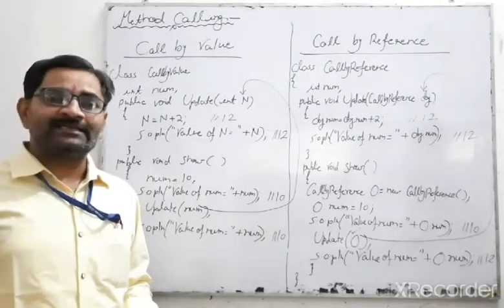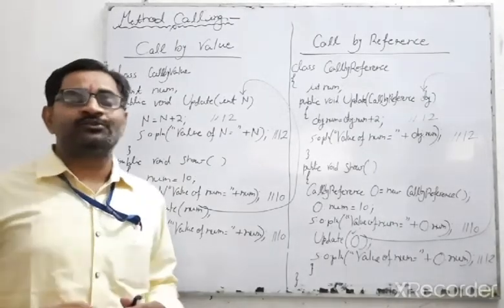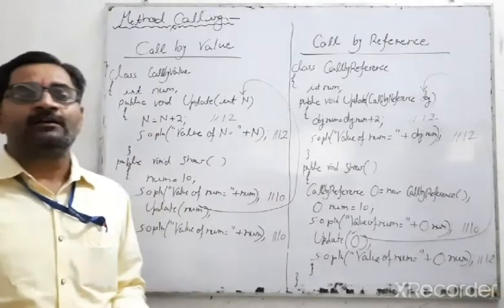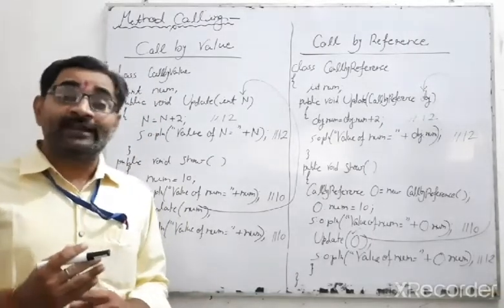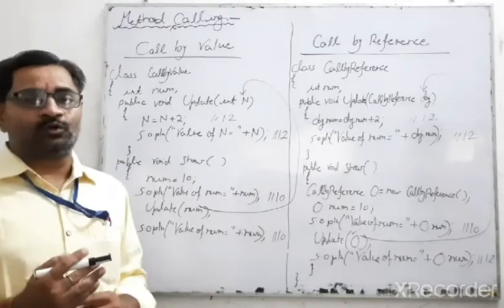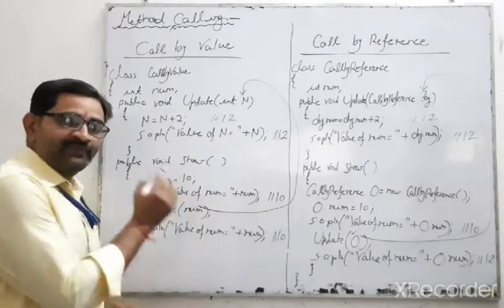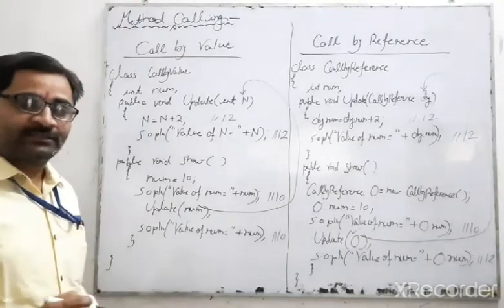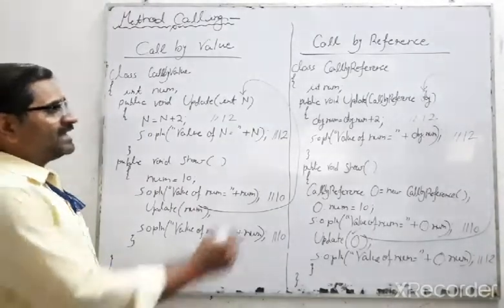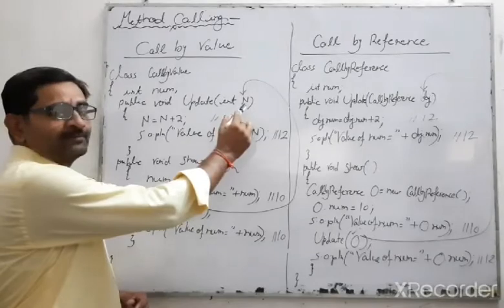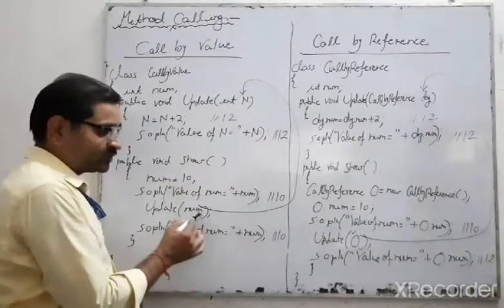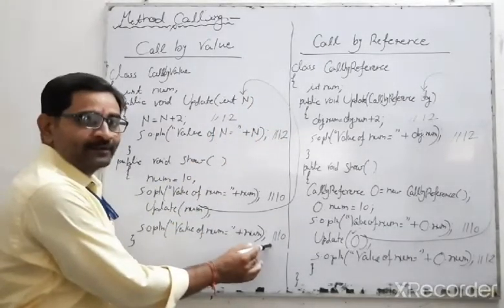You have seen this, and two things you should keep in mind. The first point, when you call a method by value, in method calling you should always pass a primitive data type value. And the second difference, if any kind of change is made in a formal parameter, that will not reflect to the actual argument.